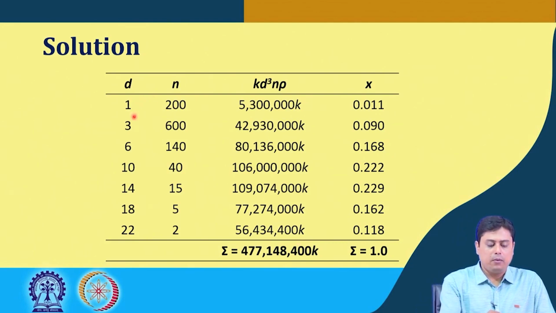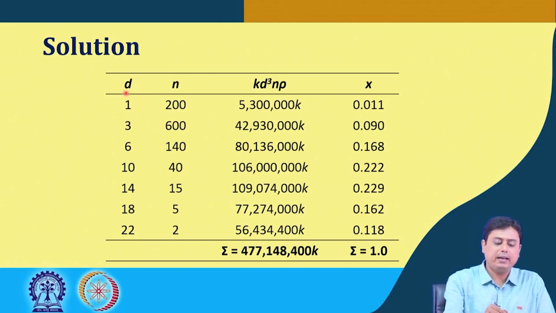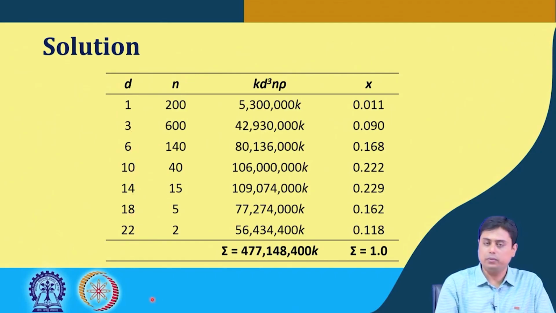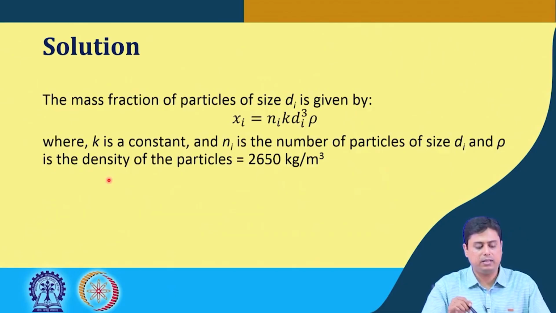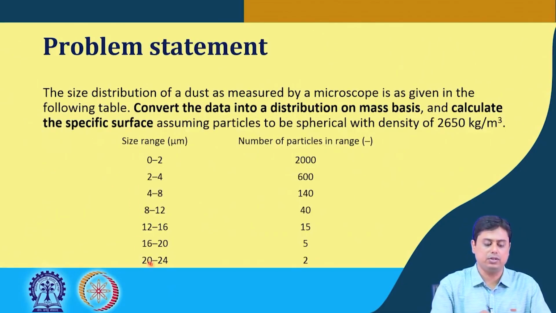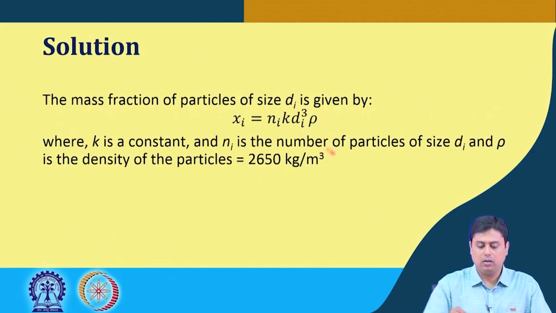Here we can see that d I have written as 1, 3, 6, 10, 14, 18, 22. How did this value come? This came from the arithmetic mean of this size range. If we have to calculate this parameter, we have to find out a d.